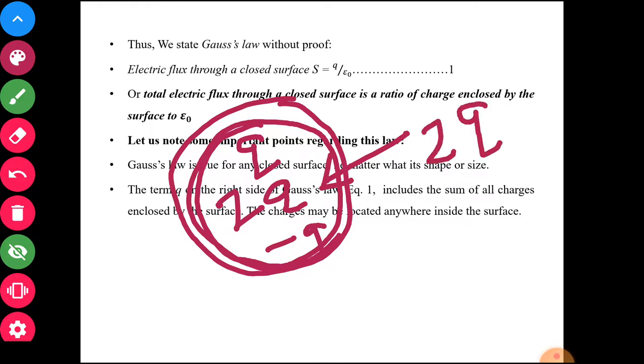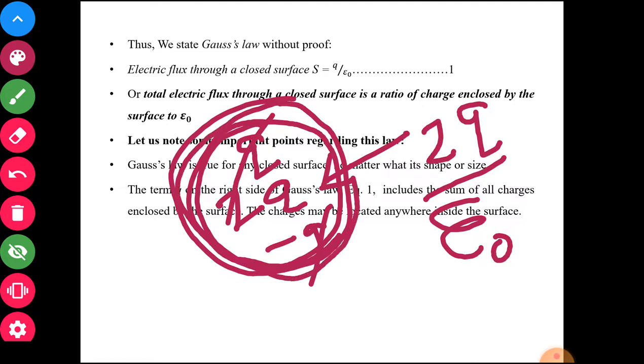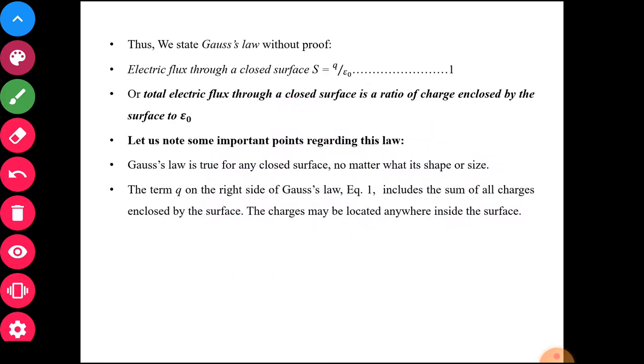So the flux will be 2q upon epsilon 0, because minus q and plus q will be cancelled out. So all the charges wherever they are located within the surface, you have to find the charges which are enclosed by the surface. All those charges we have to take into consideration.